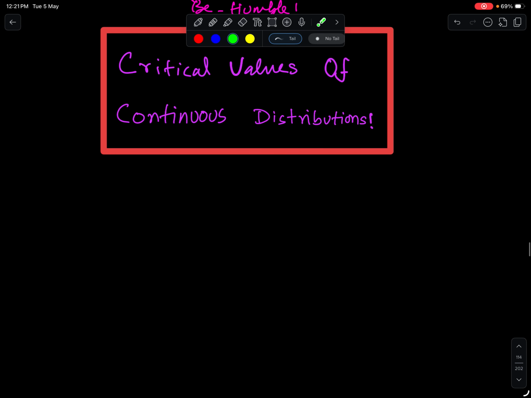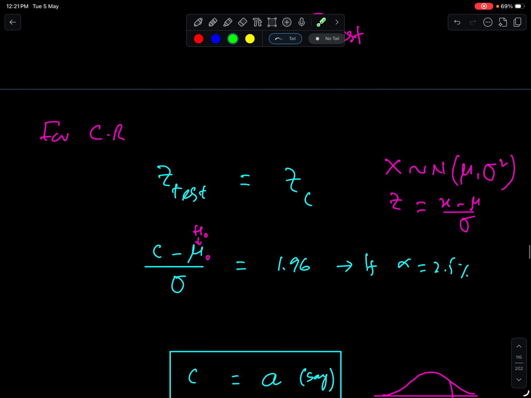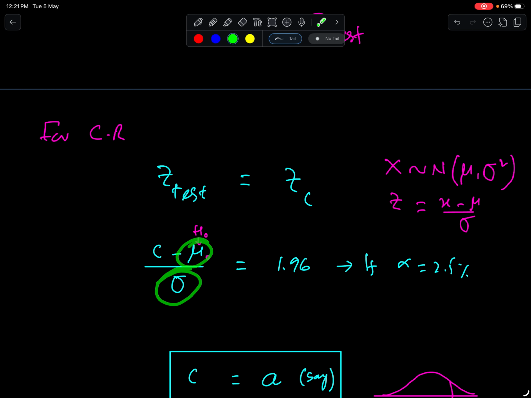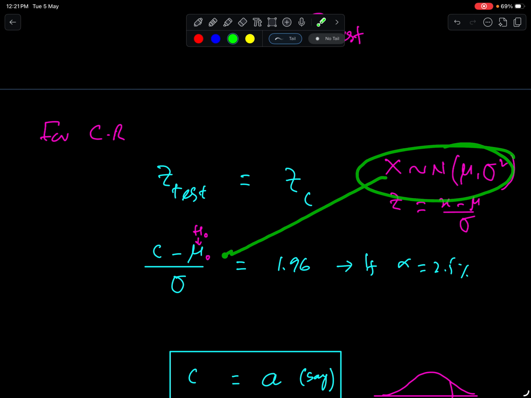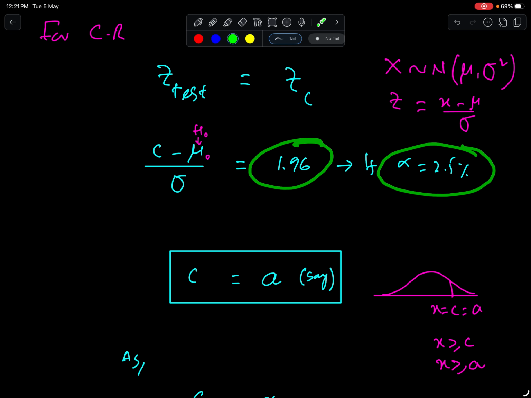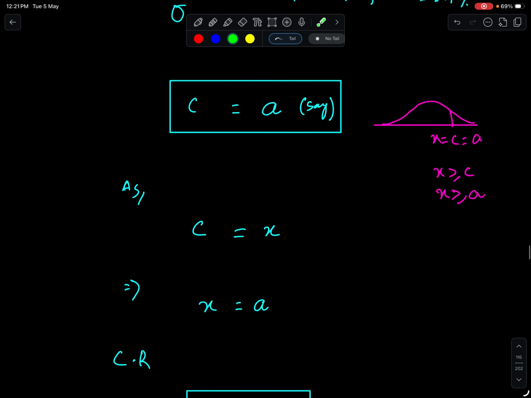Now, critical region for continuous distributions. For a continuous distribution, use this: Z test is equal to Z critical. I mean, write C here, mu naught here, and the standard deviation. This is for the population. And if it says alpha is 2.5%, then write its value 1.96 as Z critical. Now this is very important.